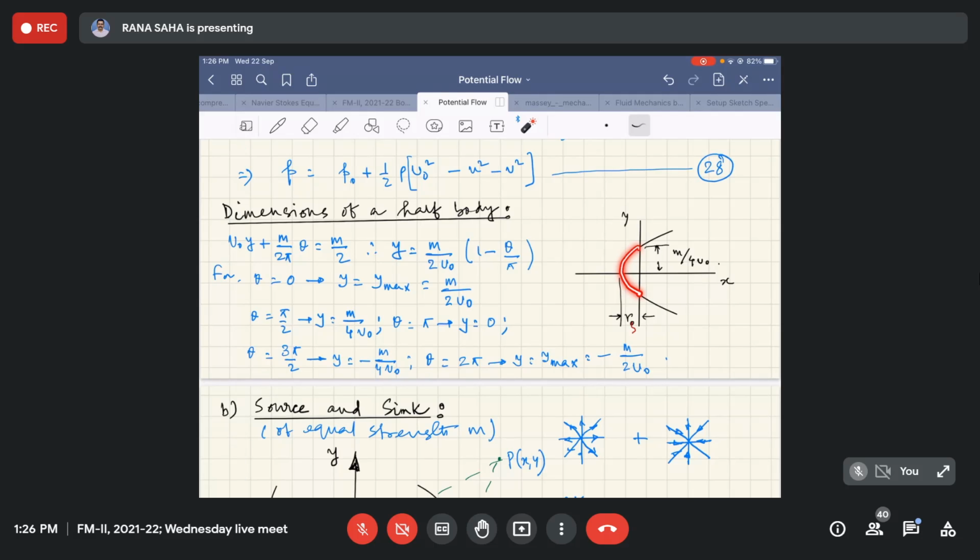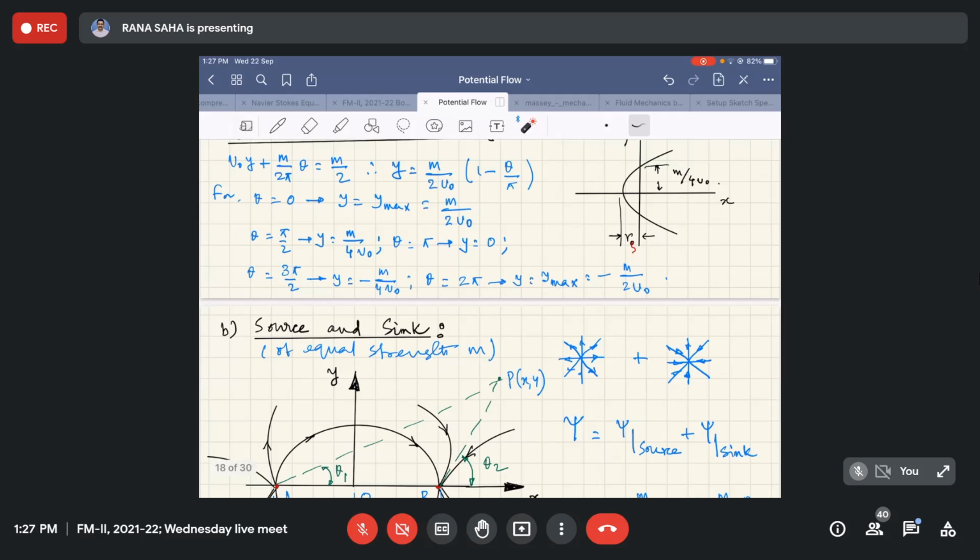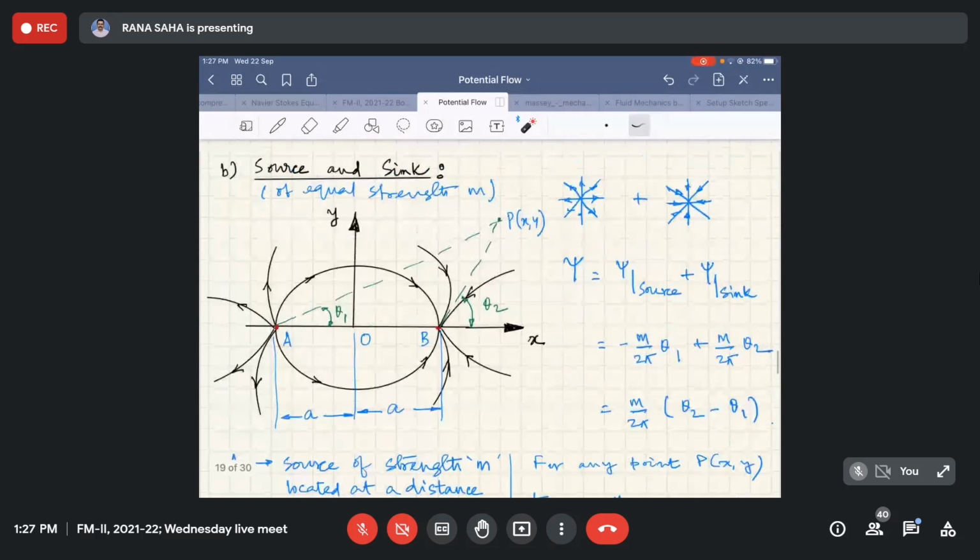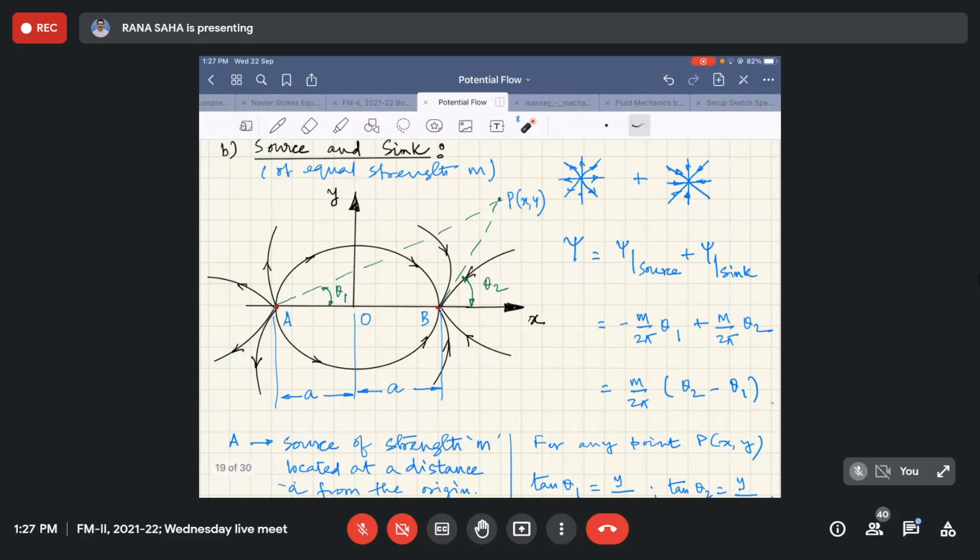So this one is defined as y max plus minus. Okay, and that can be obtained by this exercise, you can see. Then we moved into the source sink pair, and that gives us a kind of profile like this.